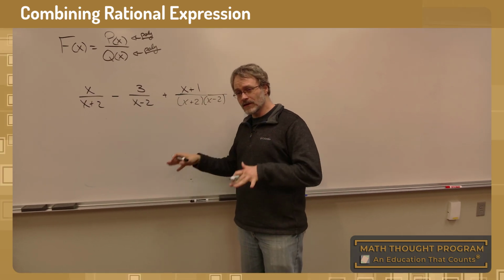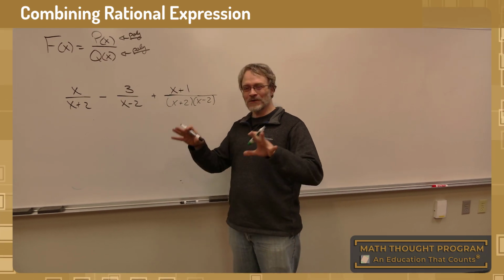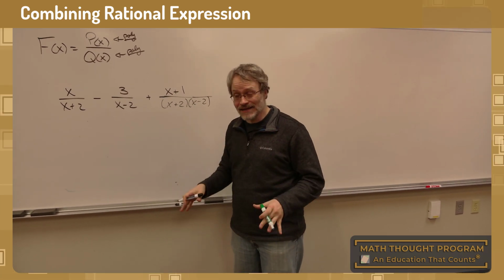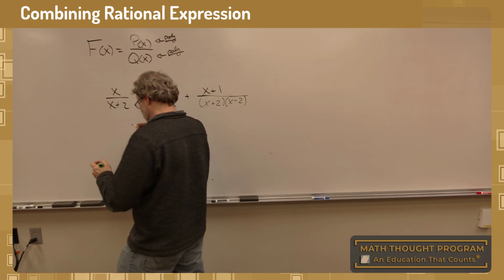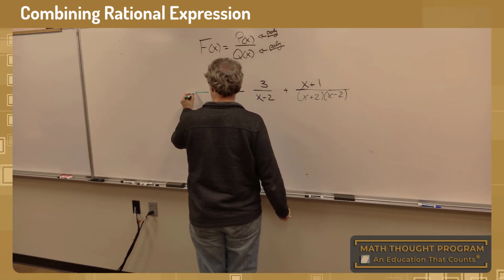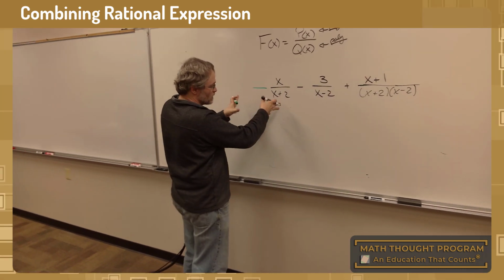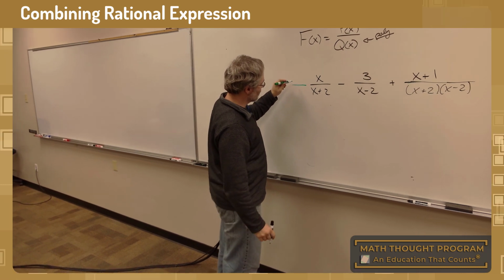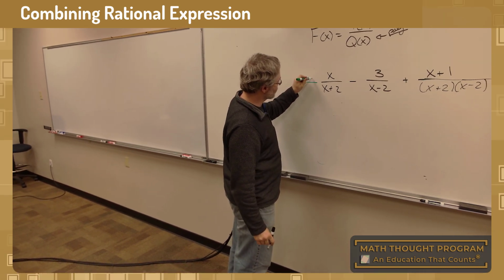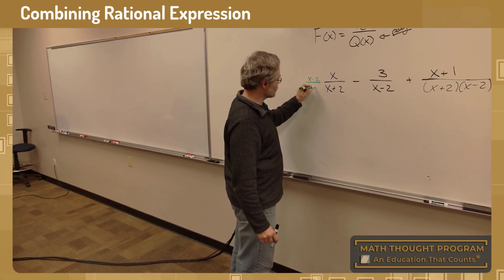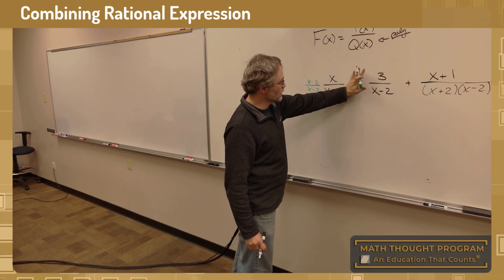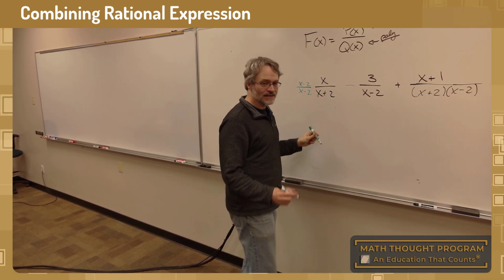And by doing this, oh, I see exactly what I need. For this rational expression, what I really need is an x minus 2. For this one, what I need is an x plus 2.